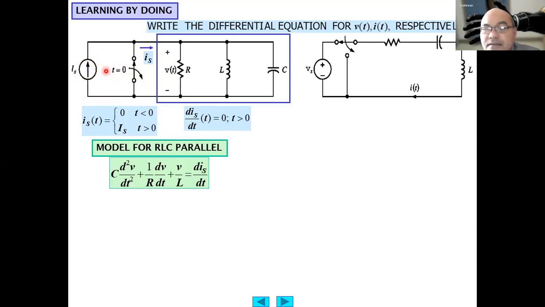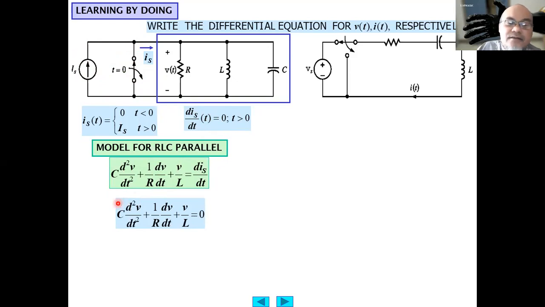It means that its variation over time is 0. The derivative with respect to time is 0. So this equation can be further simplified into C d square V dt square plus 1 over R dV dt plus V over L equals 0.